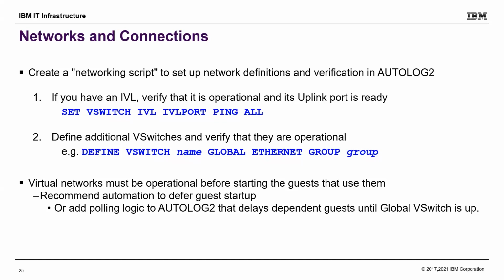So you can do this all in Autolog before you get your guests up and running. So you loop, hesitate, whatever you need to do to make sure the IVLs are all up and running, and then define your vSwitches. And again, you want those networks up before you start bringing guests up. And again, that's another strong candidate where automation is your friend.